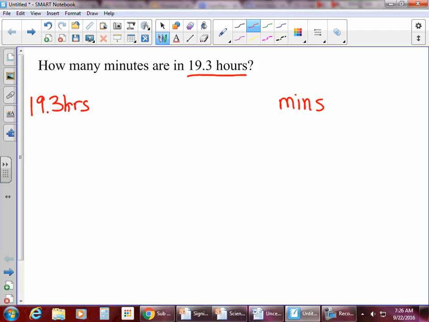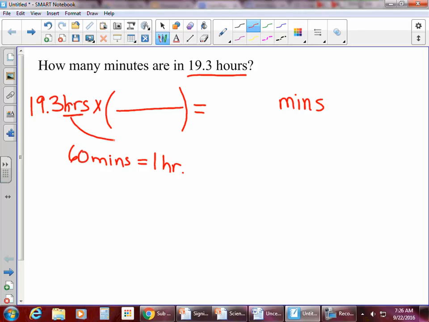To go from hours to minutes, I know that 60 minutes equals 1 hour. I know that conversion factor; you guys know that conversion factor. Since I'm going right from hours to minutes, I'm just using one step. Whatever units I am starting with, my known, has to go on the bottom in the denominator.